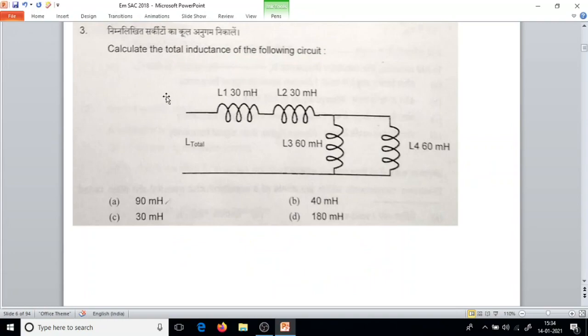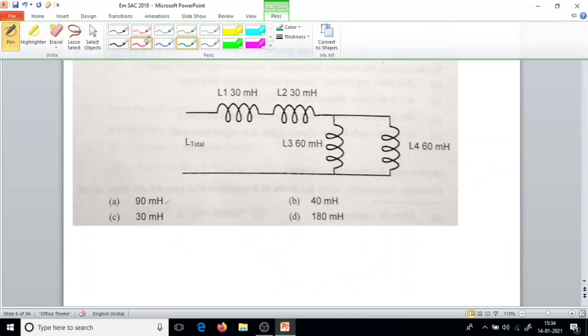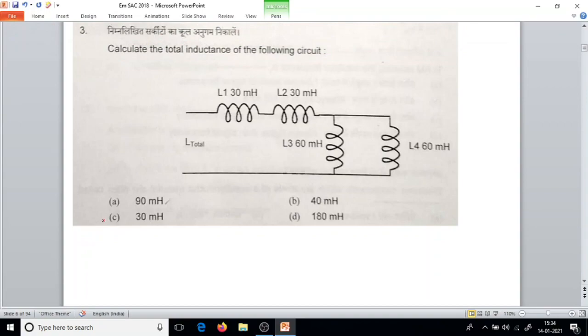Question number 3. Calculate the inductance of the following circuit. Inductance, when simplifying, is similar to resistance. Now L3 is 60, and it is in parallel with L4.